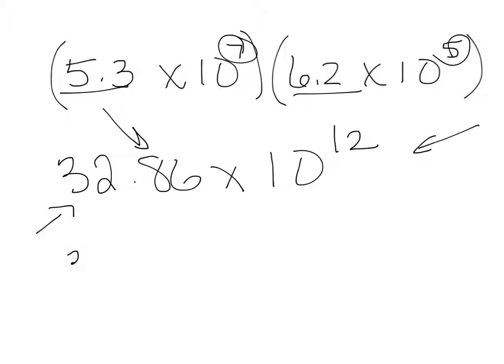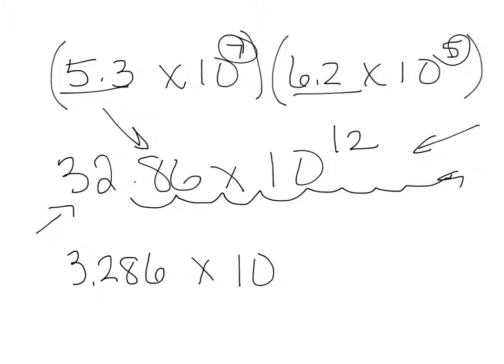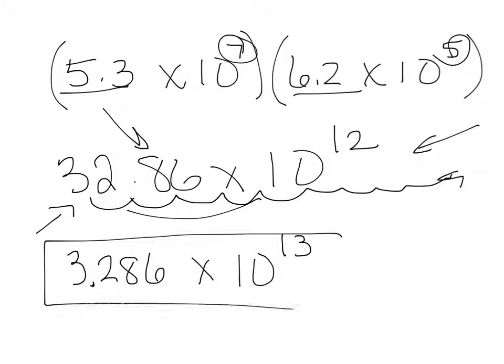And so I need this to be 3.286 times 10 to the, now wait a second, 12th. I moved the decimal one place to the left, which made it one bigger. And so now the final answer in actual scientific notation is 3.286 times 10 to the 13th. So I moved that one to the left, and that made this exponent get one bigger.